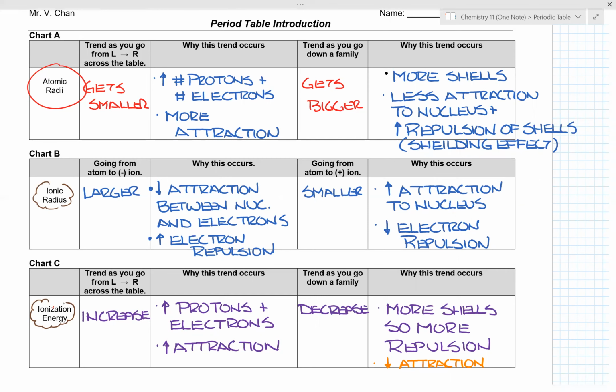If you did not get this done, pause the video right now and take some time to jot down these notes or supplement your notes so that it makes a little more sense.